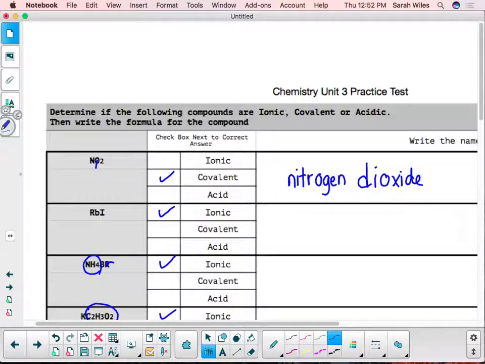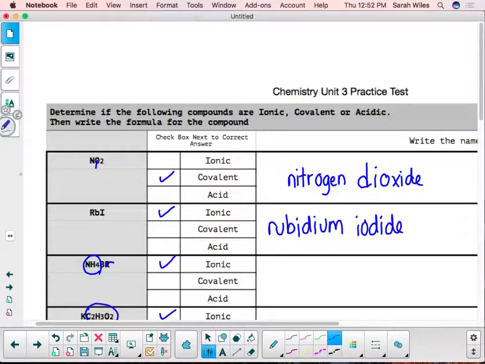RbI, ionic. Ionic is the easiest. You name the cation, you name the anion, you change the ending, okay? Rb is rubidium. Is rubidium a multivalent metal?